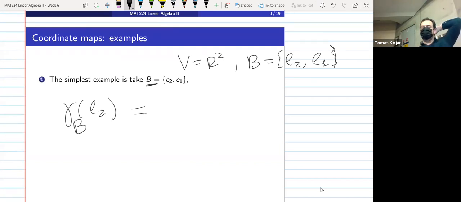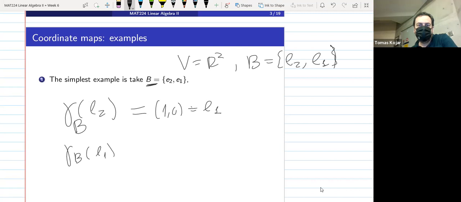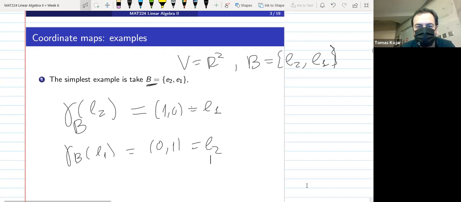So where should that go? Yeah, exactly. So it will go to 1, 0, so E1. And gamma B of E1 will get mapped to the other one. So ordering matters. Okay. I should ask you in the chat as well.